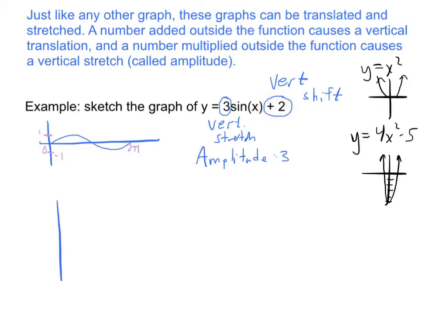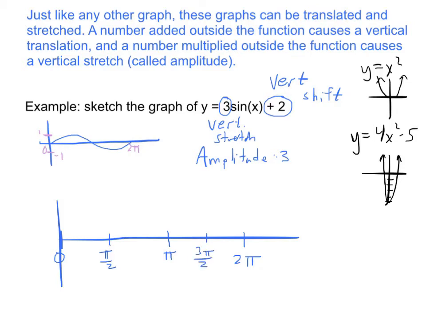When we draw these graphs, I like to pinpoint key values. So here's 0, here's pi, here's 2 pi, here's pi over 2, and here's 3 pi over 2.